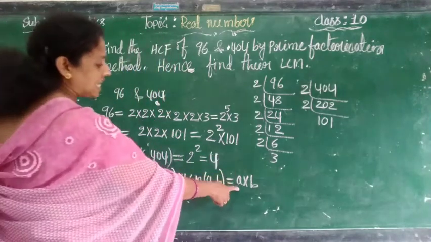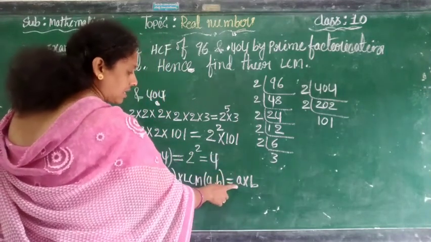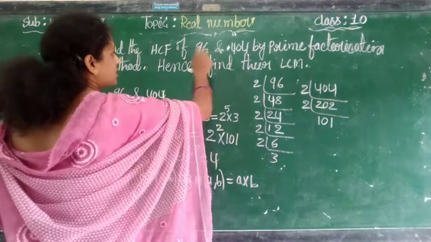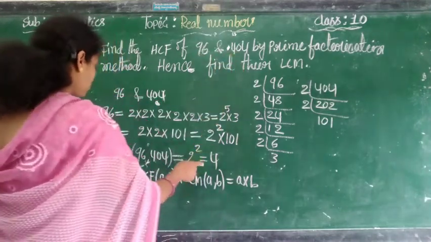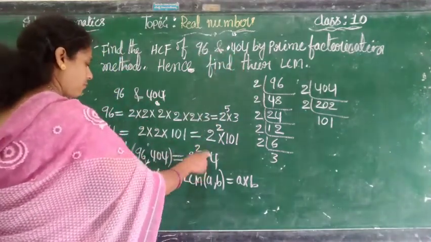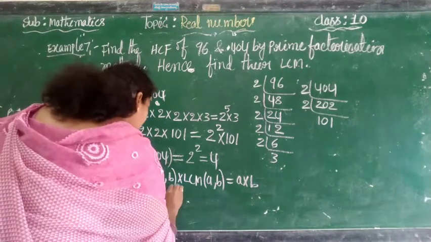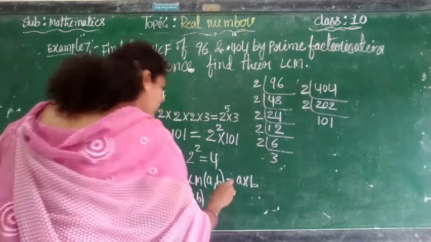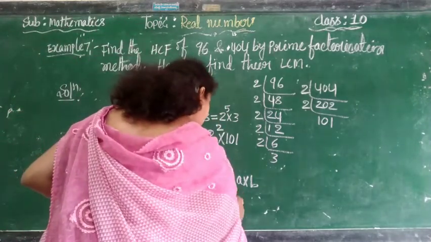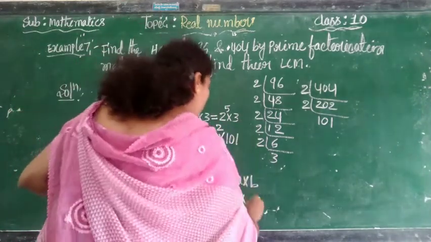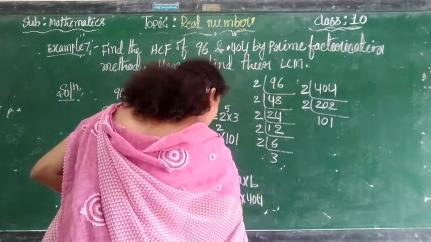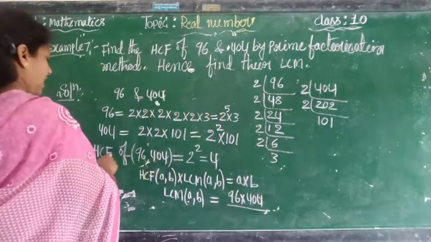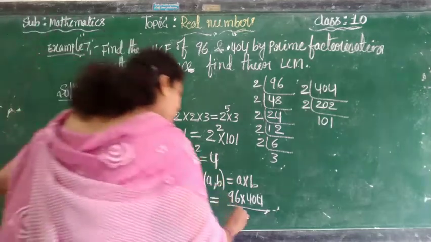We know HCF is 4. So LCM of a comma b, where a means 96 and b means 404, and HCF of 96 and 404 is 4.